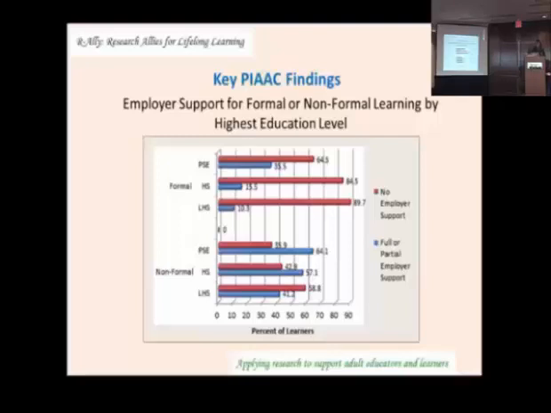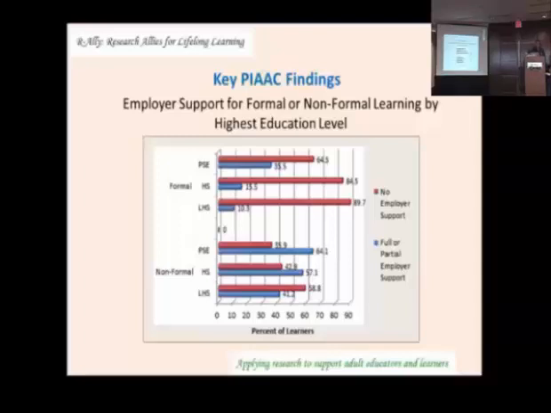So what we're seeing here is that employers tend to support those who already have the post-secondary degrees to get additional training or education. And it's particularly noticeable in the top set of bars, which represents the formal, but it's also noticeable in the non-formal.